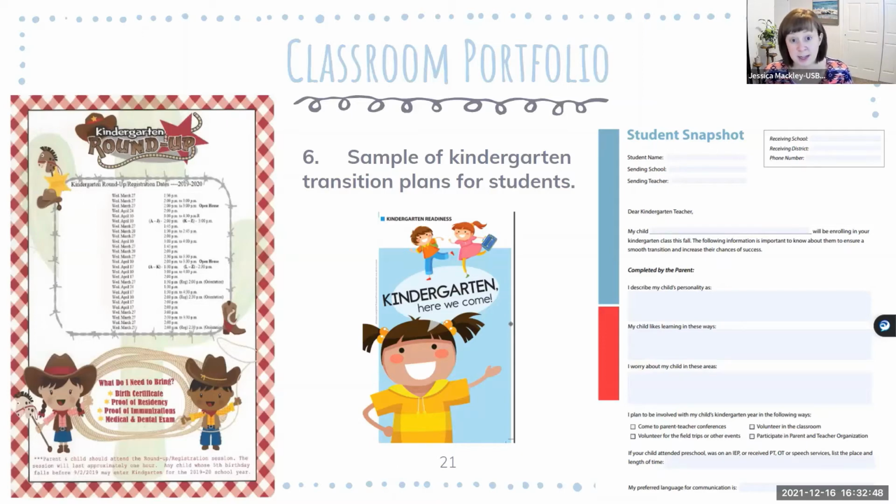You can also see the kindergarten readiness, Kindergarten Here We Come pamphlet that USBE created, that programs are distributing, or the classroom is distributing to families, as well as the student snapshot that the teacher can complete and send to the kindergarten staff.